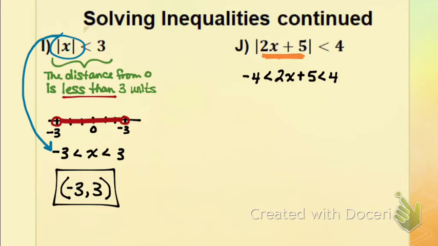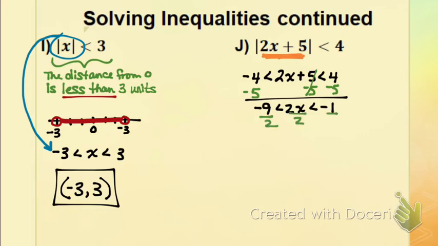All right. What'd you guys get? Negative 9 halves and negative 1 half. Subtract 5 from all sides. Negative 9 is less than 2x is less than negative 1.